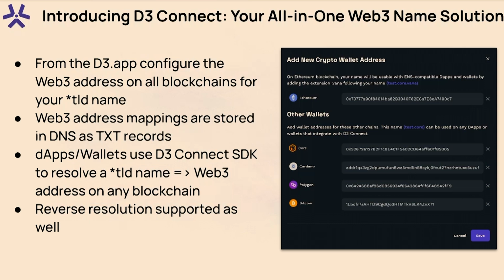We do this resolution by storing the text records of these mappings in DNS. So very similar to how DNS is used for mapping a domain name to an IP, we're mapping these Web3 names to whichever destinations.